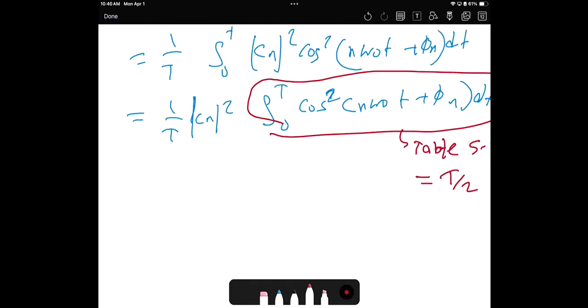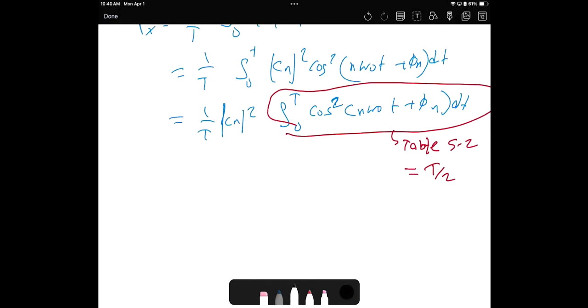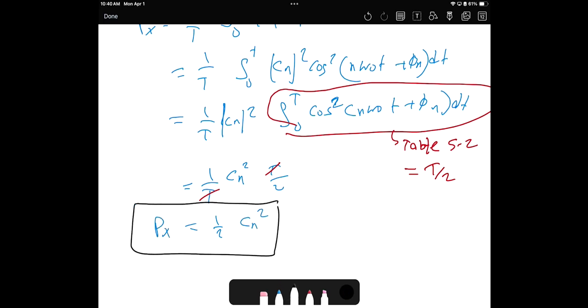It will be T over 2. As a result, it will be 1 over T, Cn squared times T over 2. T and T cancel each other, so it will be 1/2 Cn squared. This is the power of signal x. Okay? Does this make sense?